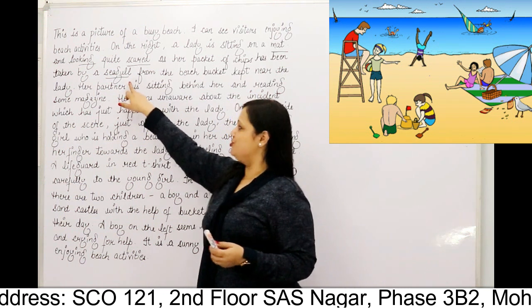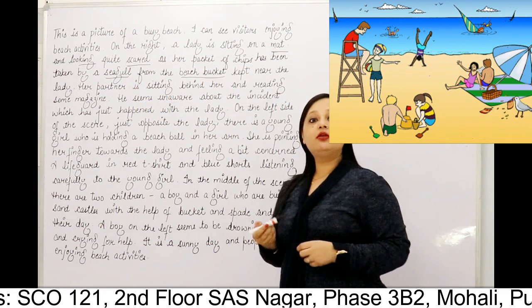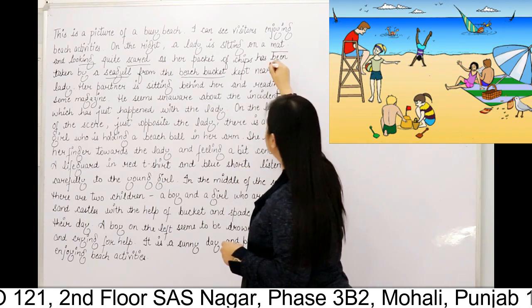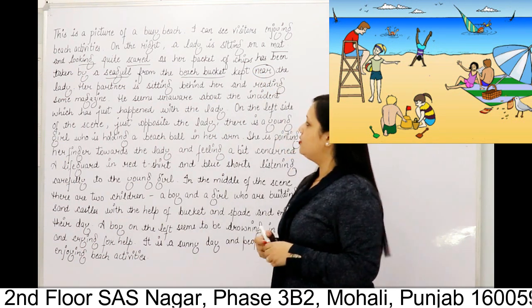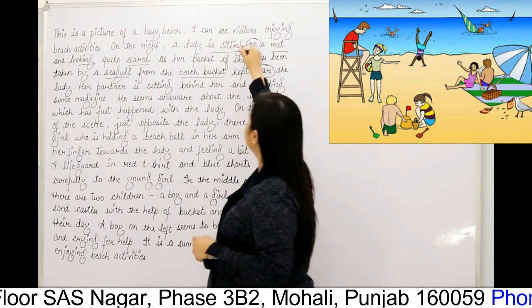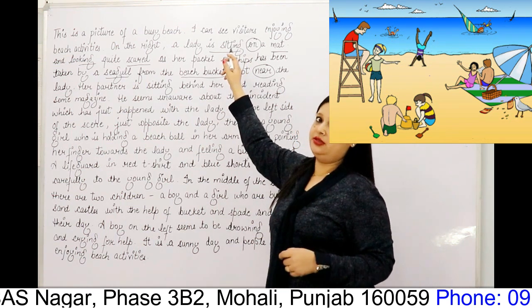This is always a good option. From the beach bucket, so it is not only a bucket, it is the beach bucket, and this is kept near the lady. I have used the preposition near, right? Another preposition is on. Is sitting is also present continuous tense, right?